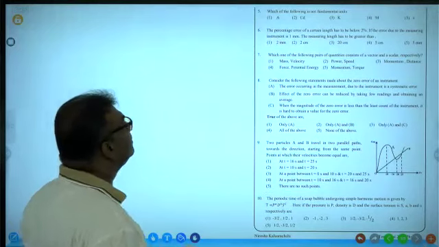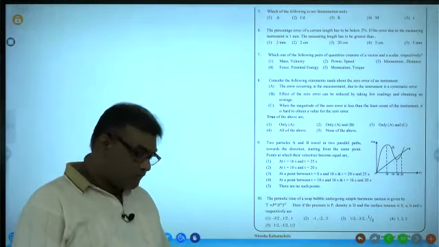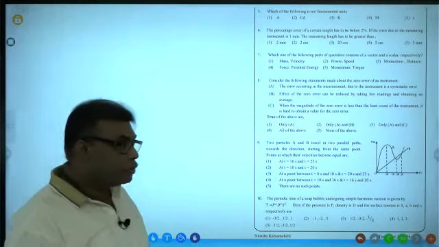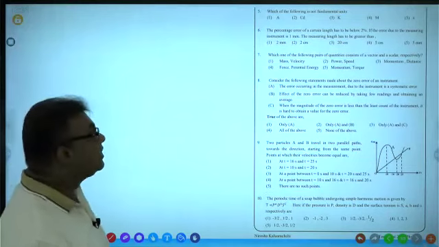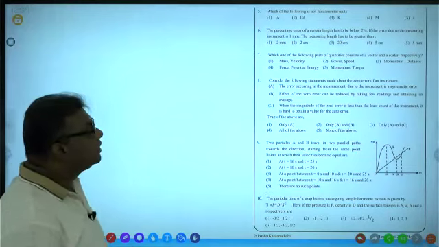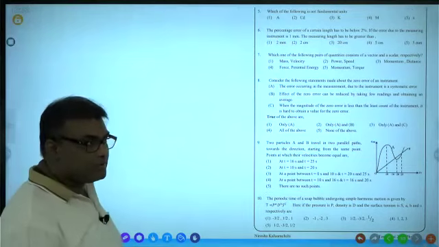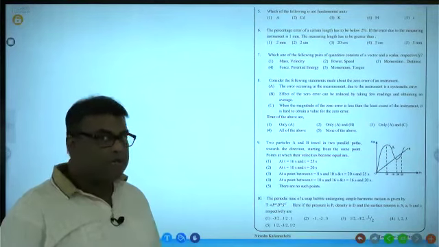Okay, question number 5. Which of the following is not a fundamental unit? Ampere is a unit, candela is a unit, capital K Kelvin is a unit, but M is not a unit. M is a prefix, a multiple value.